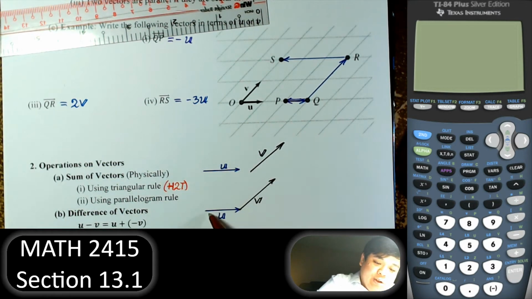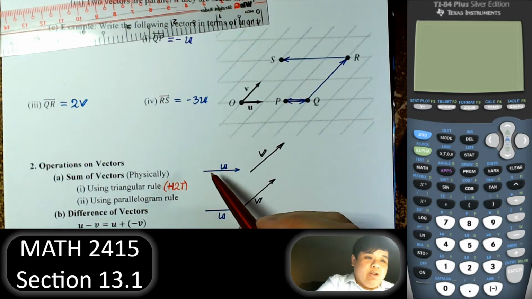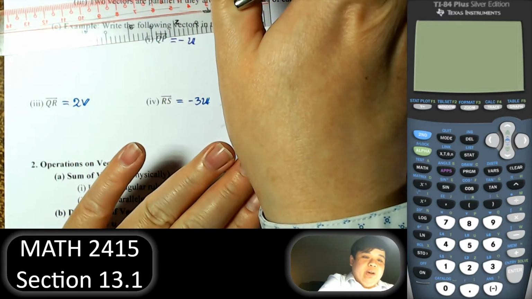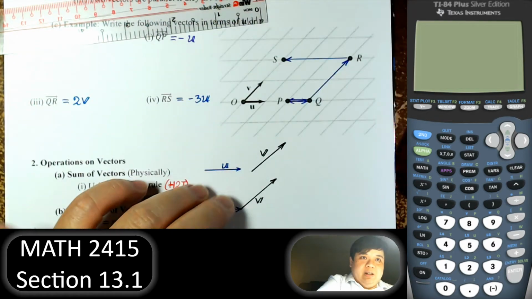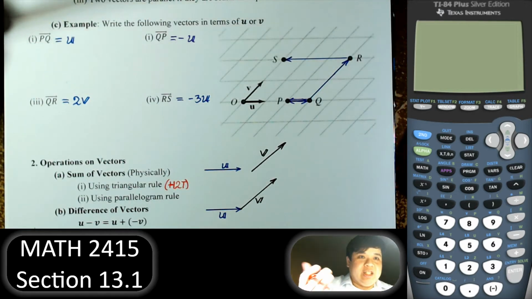The tail of the second one is on the head of the first one. I have a professor who was in the army, and he said he preferred that as heel to toe, just like when you're walking, the heel of the front foot is on the toe of the back foot. So we just do that.